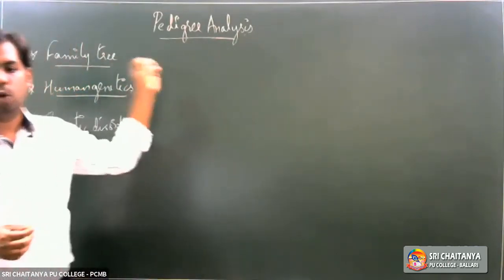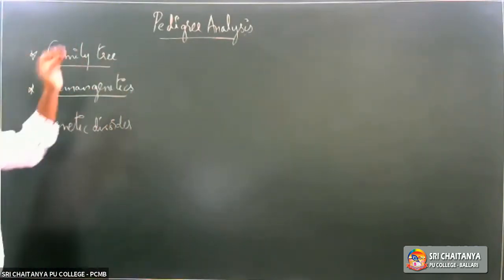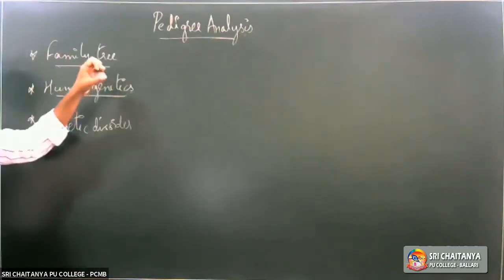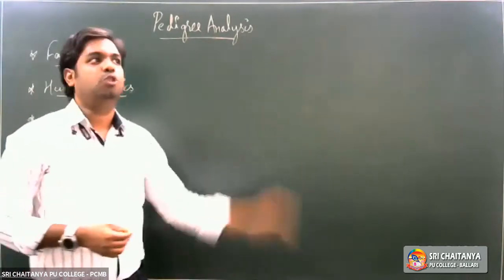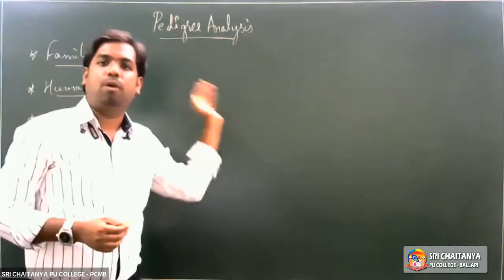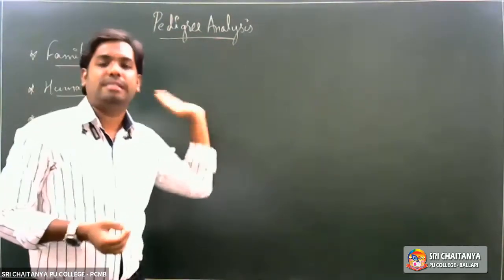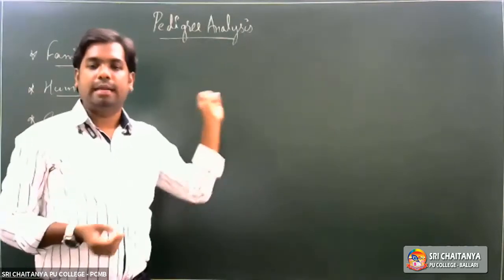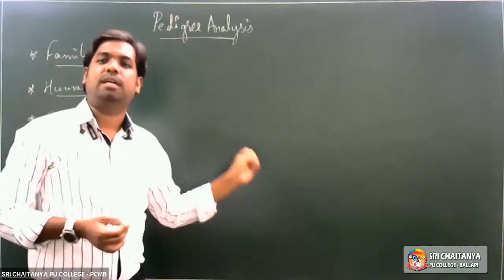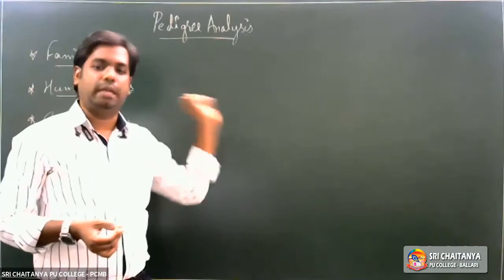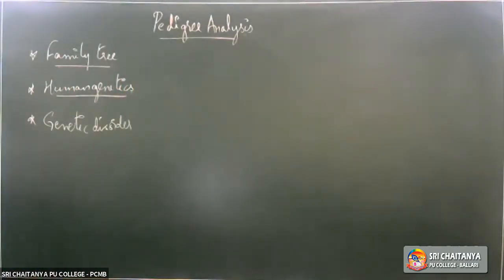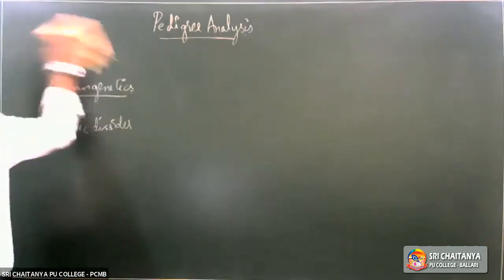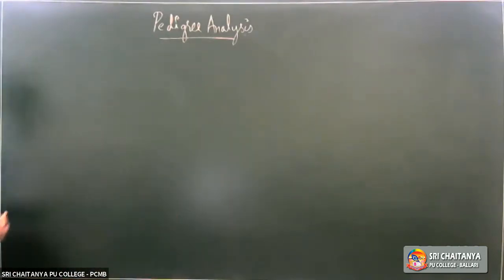So we usually use certain symbols to identify a few generations. Before we get into plotting or analyzing the pedigree chart, let us see what symbols are most frequently used in pedigree analysis.